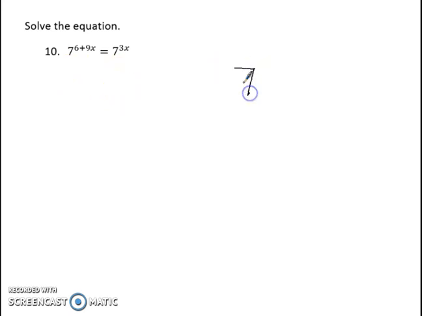What the one-to-one rule says is that if you have a base that matches a base on the other side of an equation, then the exponents of those bases have to be equal to each other in order for that equation to be true. So a simplified version of this question would be like 7 to the x equals 7 to the second. Well, what does x have to be? In order for this to be true, x would have to be equal to 2. x has to be equal to 2 in order for that to be a true equation.